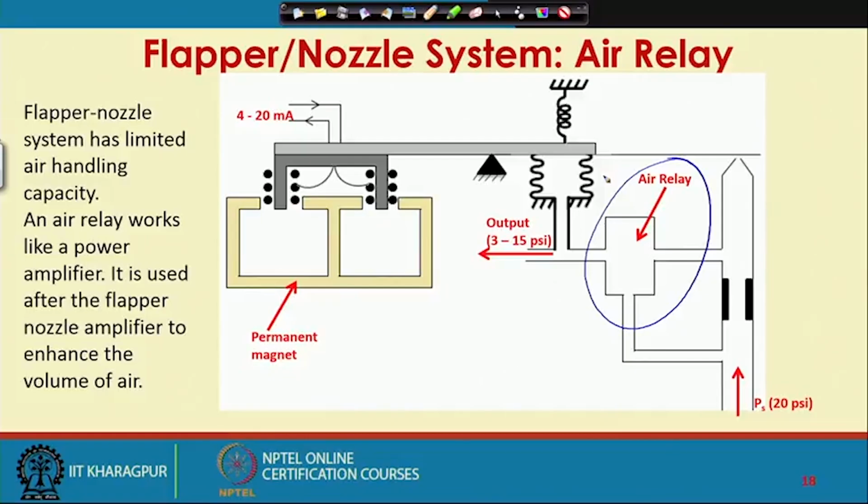We need the flapper nozzle system to have more air handling capacity. So, an air relay works like a power amplifier. It is used after the flapper nozzle amplifier to enhance the volume of the air. So, an air relay is used in connection with the flapper nozzle system to enhance the volume of the air.